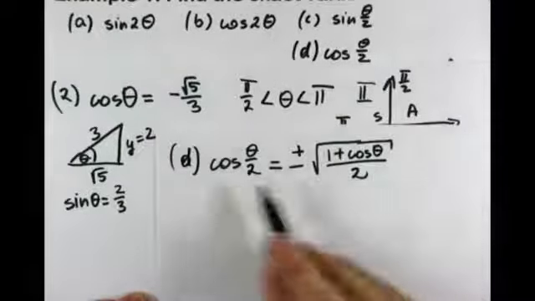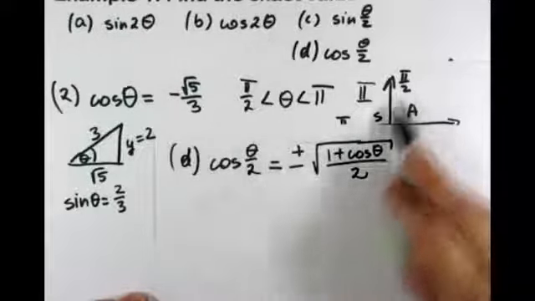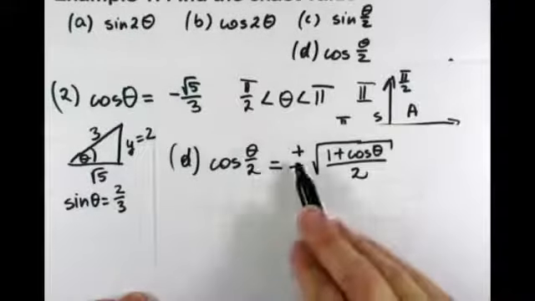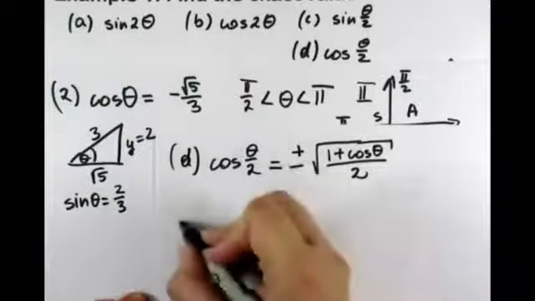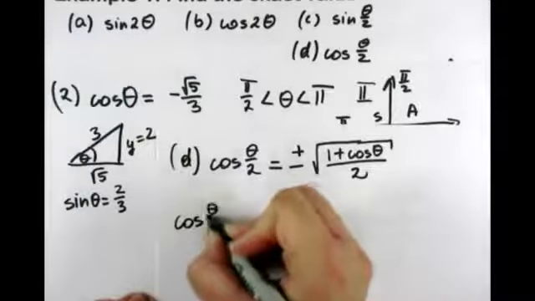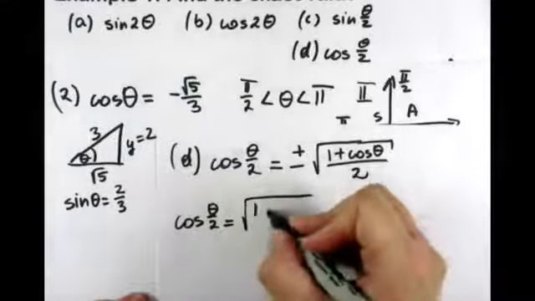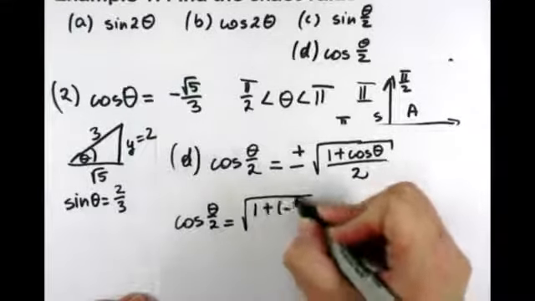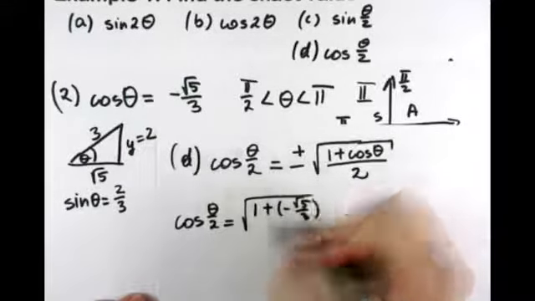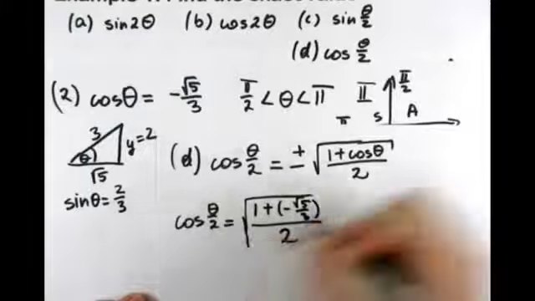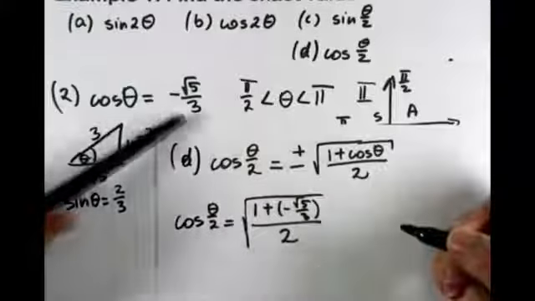And we know that the half angle will be in the first quadrant. Cos is positive, so we are choosing plus. So cos theta over 2 is square root of 1 plus minus root 5 over 3, over 2. I substituted cos theta.